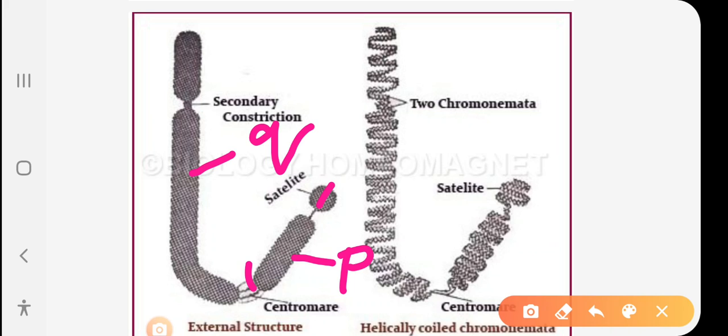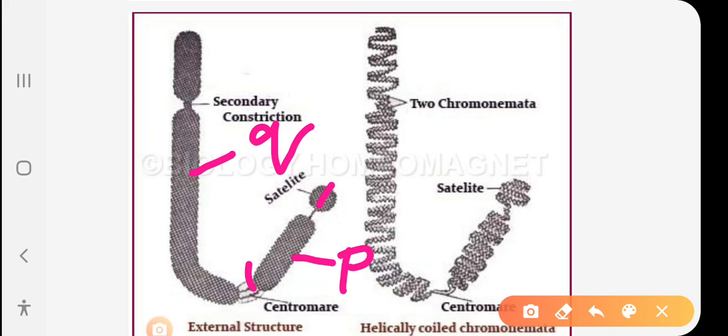And moreover, usually chromosomes have only one centromere. The centromere is very important during the separation of chromosomes in cell division, particularly in anaphase, because microtubules attached to the kinetochore of the centromere, by a pull and push mechanism, separate the chromatids of a chromosome.